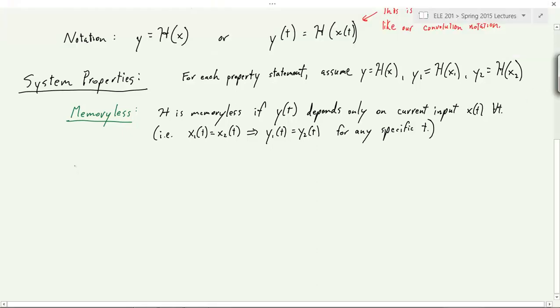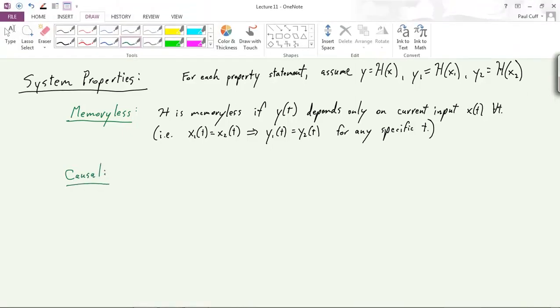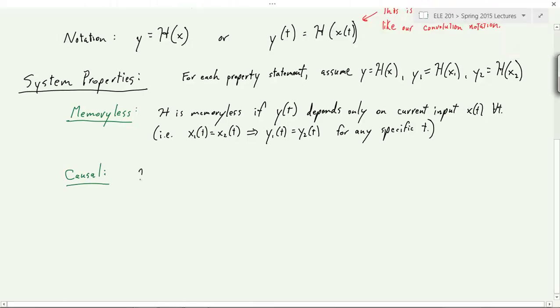Okay, let's now look at causal systems. They're somewhat similar. They say that H is causal if the output depends only on past inputs.